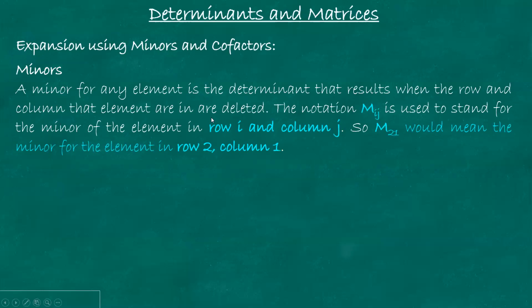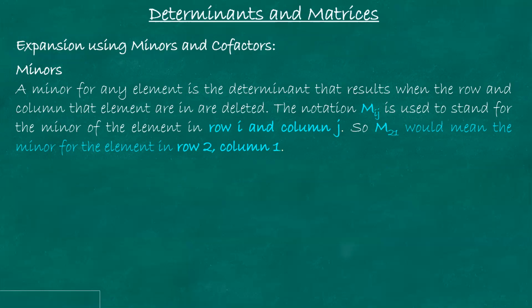So, a minor for any element is the determinant that results when the row and column that element are in are deleted. So, kung sa itong element nga imong gusto kuhaan ng minor, ang buhaton nimo, ang katong row kung asa na tungod o ang column pod, i-delete nimo.